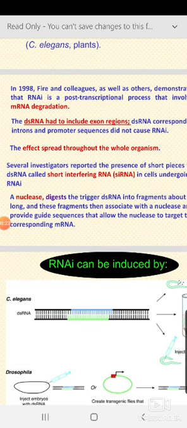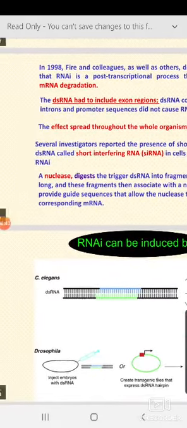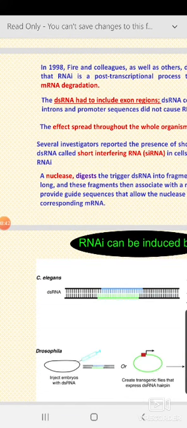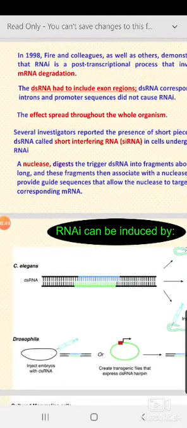In each tissue, each cell, the mRNA of that particular gene against which we have developed the double-stranded RNA will be degraded. Several investigators reported the presence of short pieces of double-stranded RNA. They call them short interfering RNA, or siRNA, in cells undergoing RNAi.